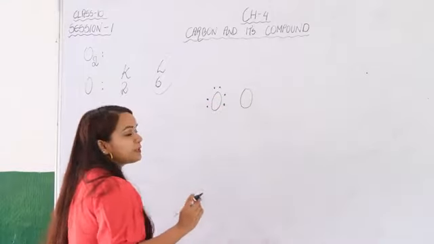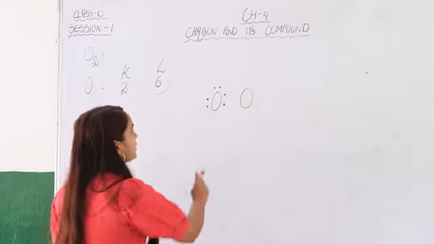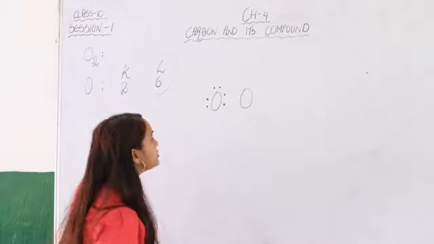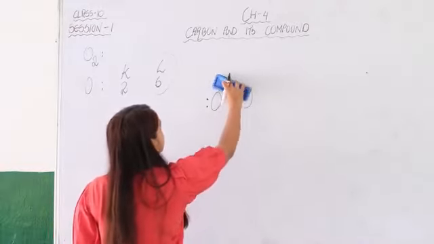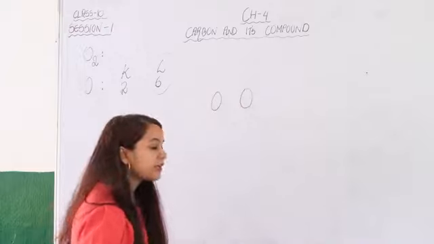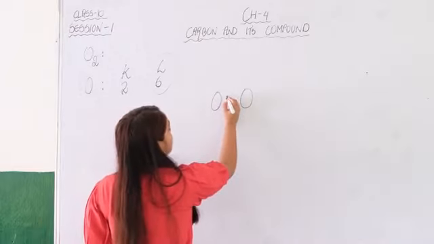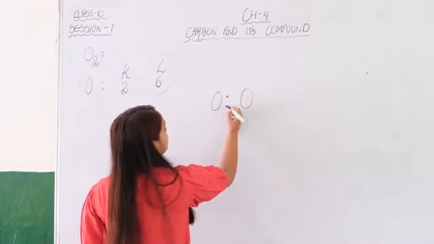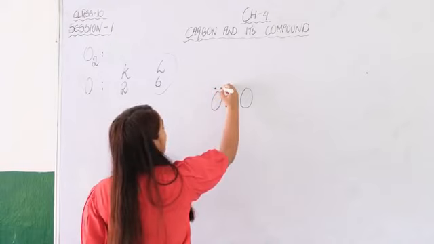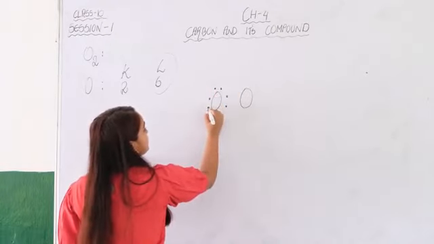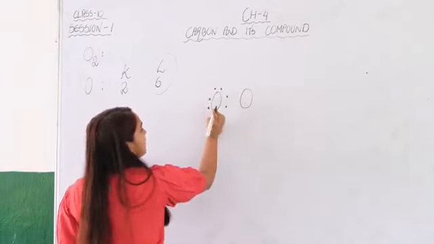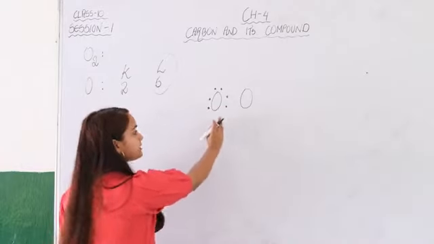Placing of electrons should be done in such a way that they can easily form a bond with the other element. So now it has 6 valence electrons, so we will start placing them. 1, 2, 3, 4, 5, 6. The valence electrons have been placed for the first atom.